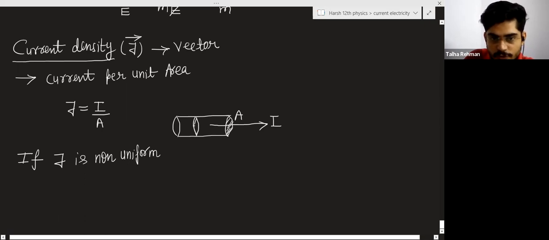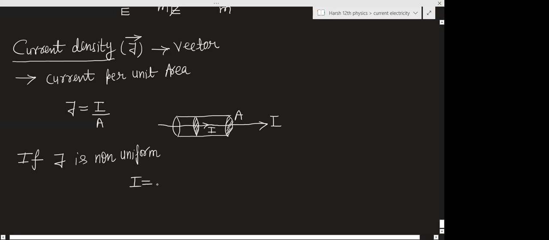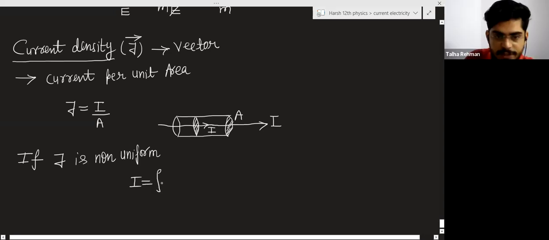Suppose you want to find the current at this area, then the current will be I. Here also the current is I. If it is non-uniform, then to find the current you will use the integration of J dot dA.